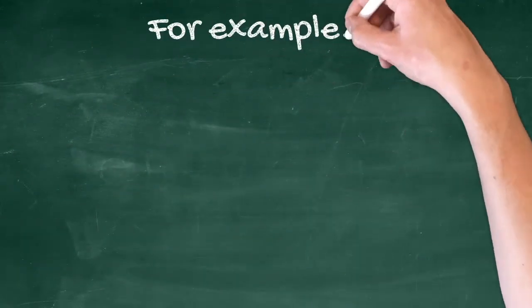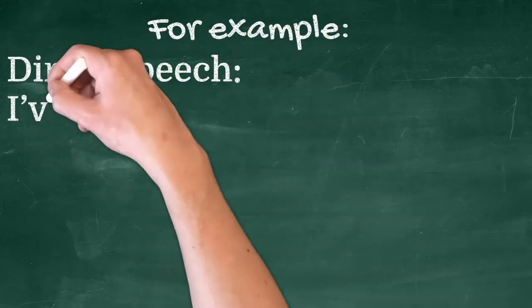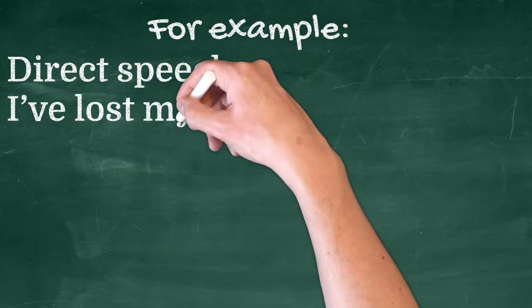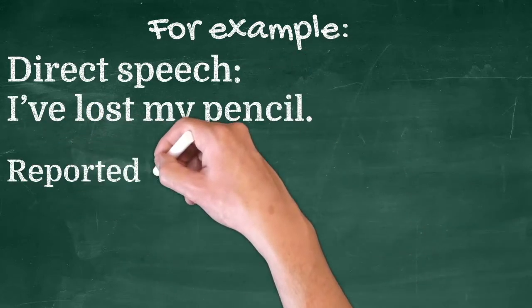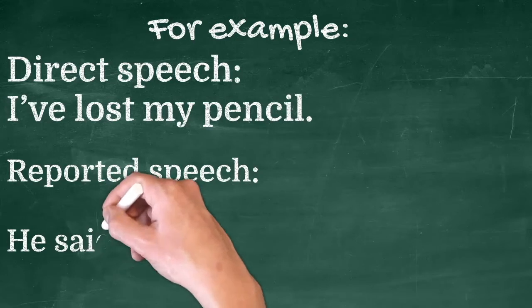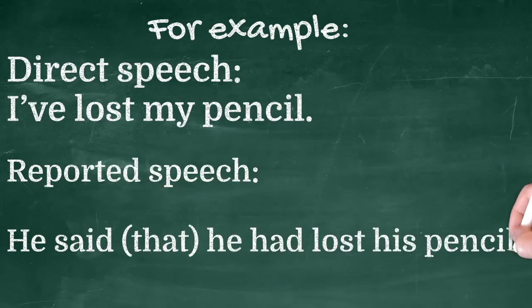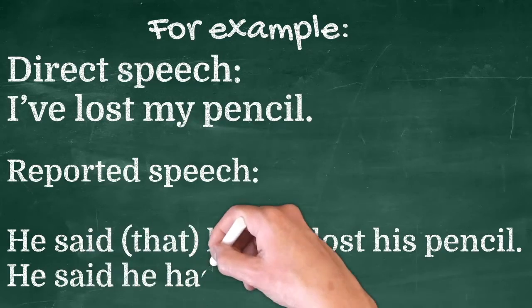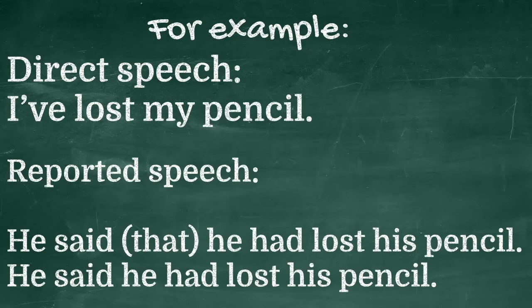For example, direct speech: I've lost my pencil. Reported speech: He said that he had lost his pencil, or he said he had lost his pencil. It's not mandatory to use that. You can use that or not.